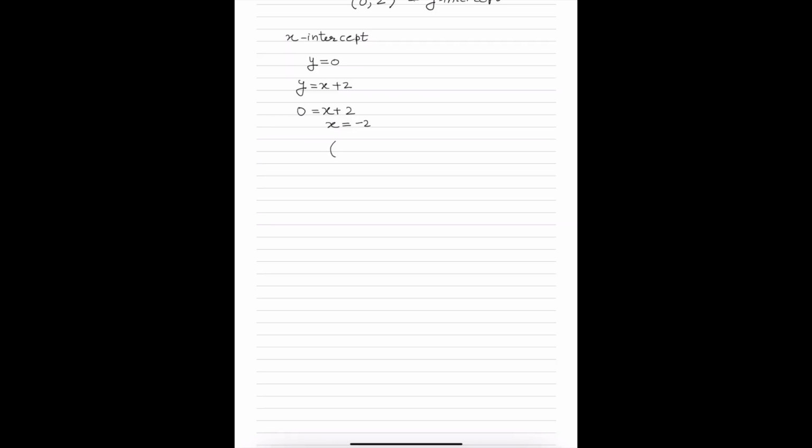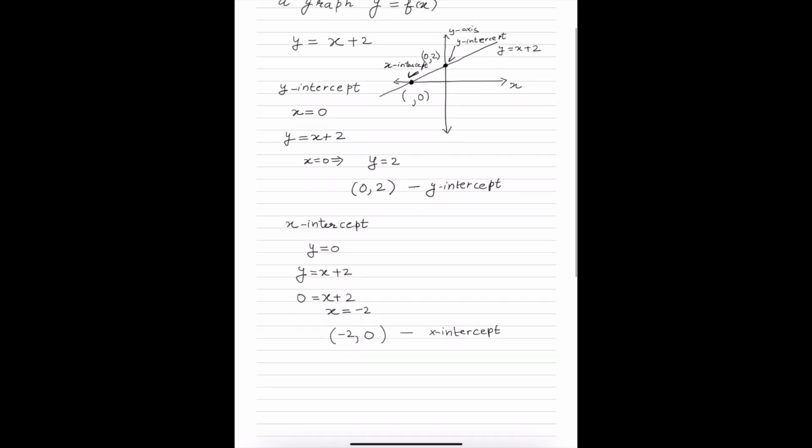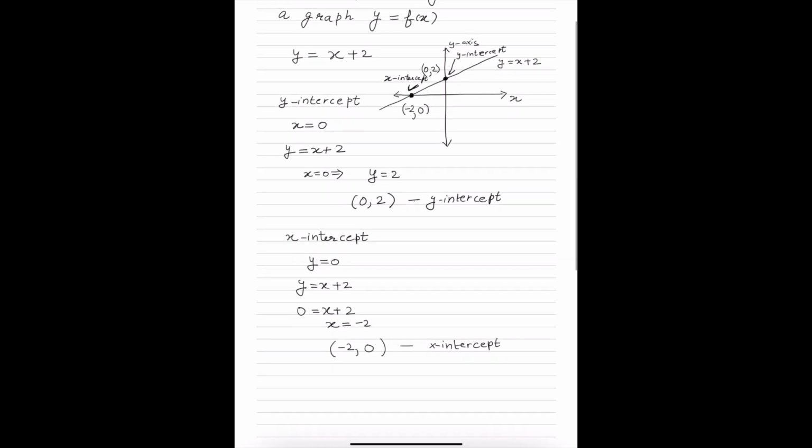So the point here is minus 2, 0, which is x-intercept. And going back to our curve, the x-intercept will be here. So it is minus 2.